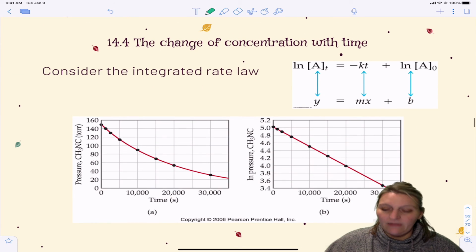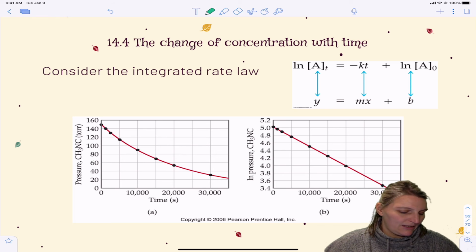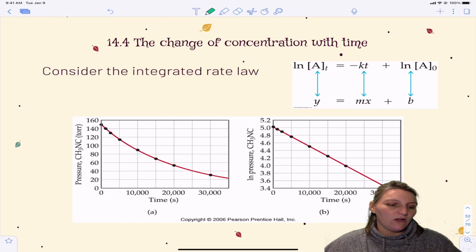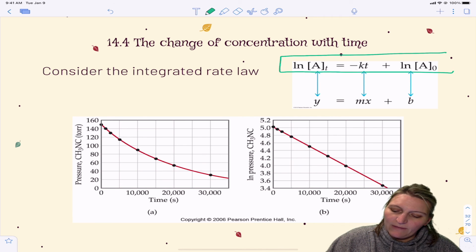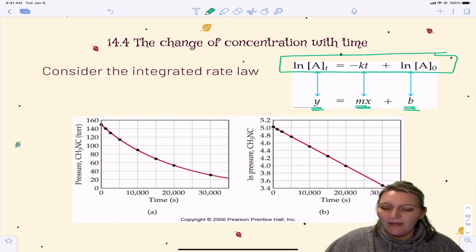And then we can look at what this will look like graphically, because this is a very common multiple choice question. If I look at this version of the formula, I can notice that it looks suspiciously like the formula for the equation of a line.